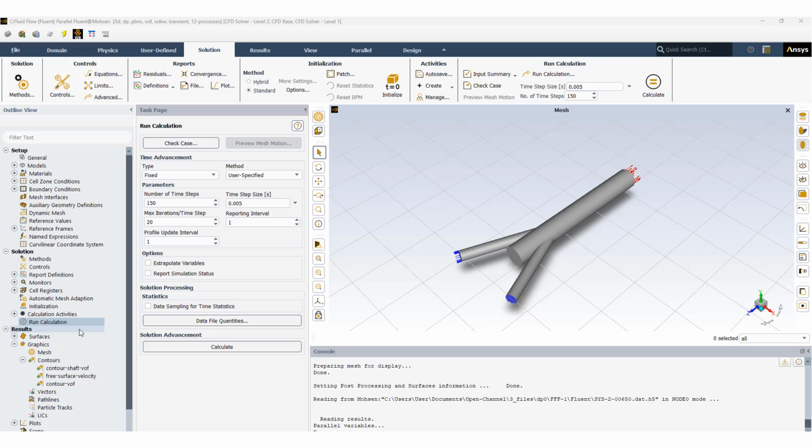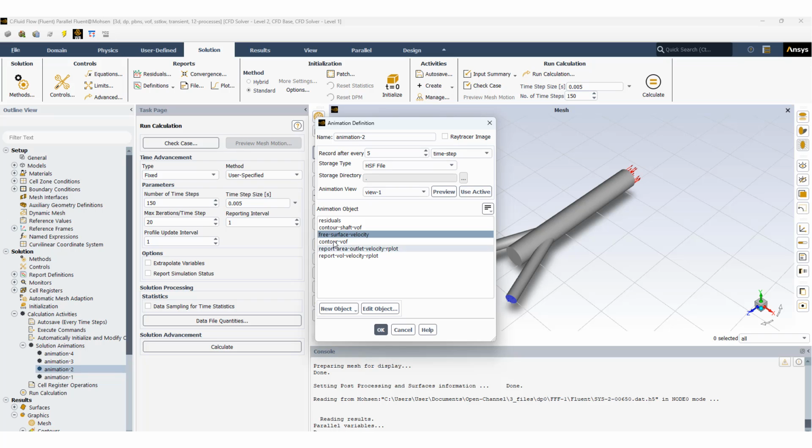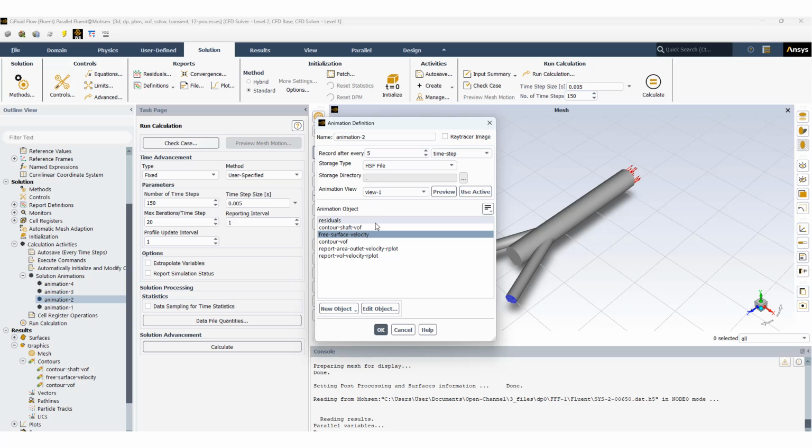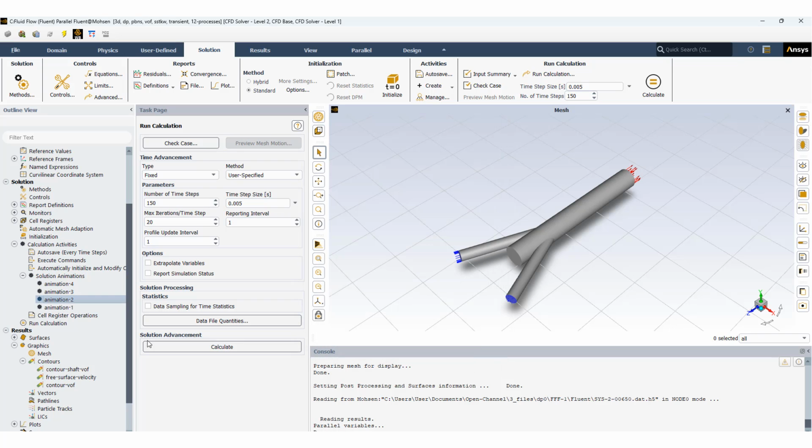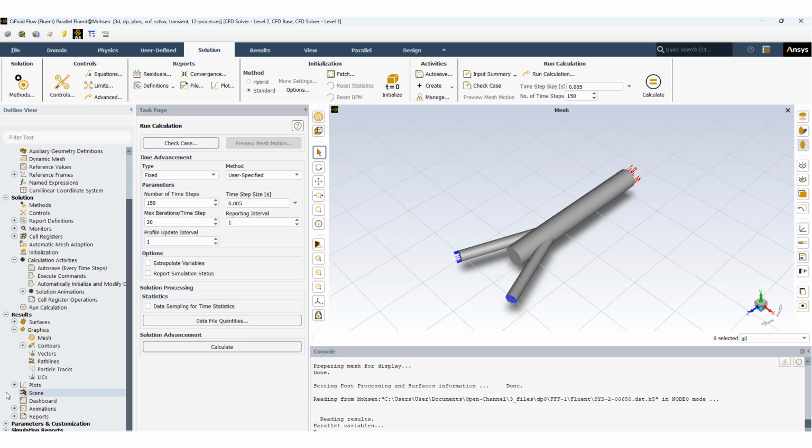Before starting the run, I already defined some contours, and based on these contours I defined the animations. I use these contours here to define the animations. After finishing the solution, I can come here and check the animations. Let's start the solution.